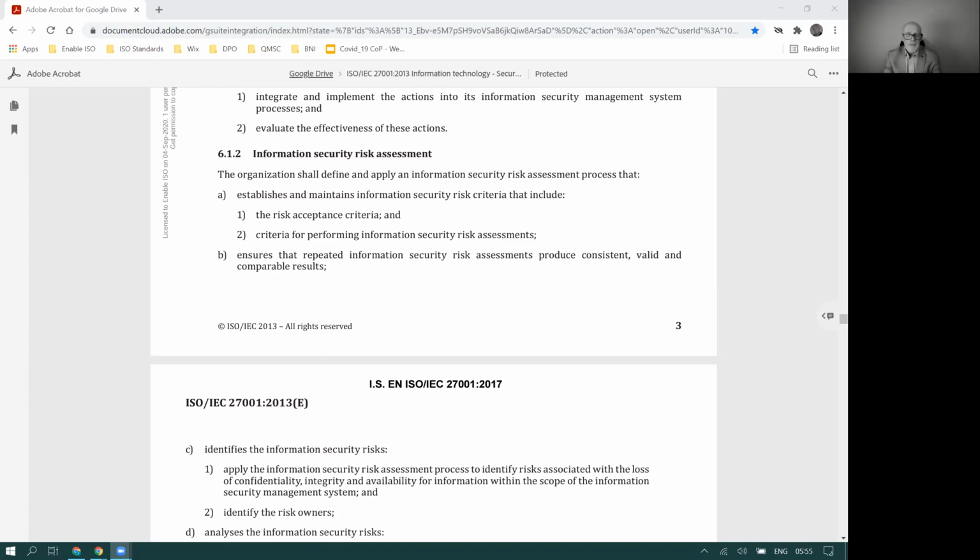I think those familiar with the register will remember that we have a risk description column which establishes the risk acceptance criteria within that description. The criteria for performing information security risk assessments is adequately described in the policy. At B, it says ensures that repeated information security risk assessments produce consistent, valid, and comparable results.